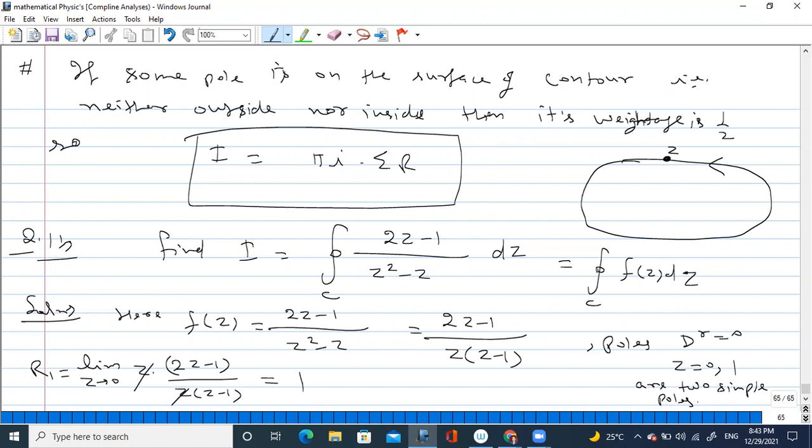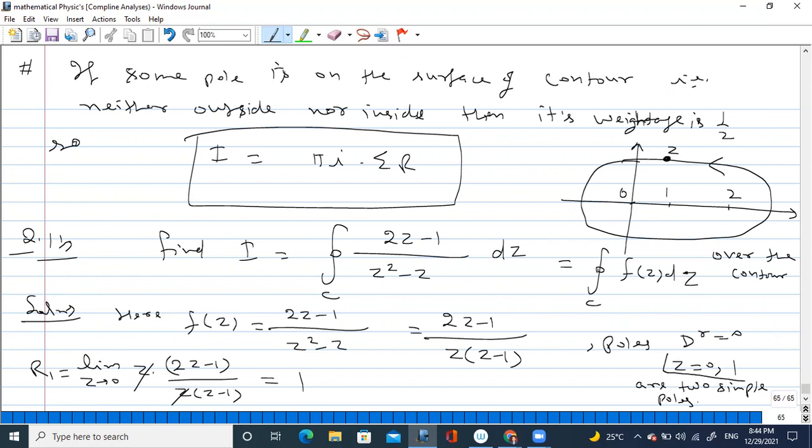They have given the contour also in the question. Find the integral over this contour. Suppose this contour is given like this, with points 0, 1 and 2.